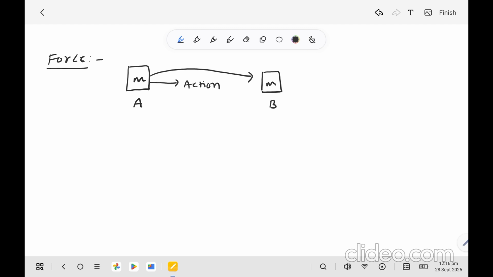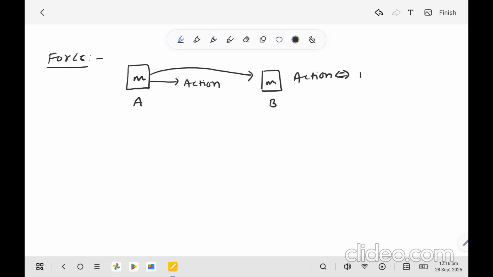This action, which is essential for the movement of this body from initial position A to final position B, is called the force.